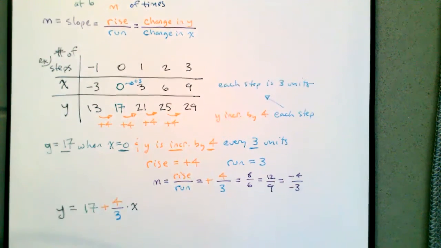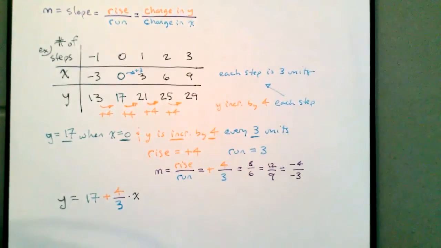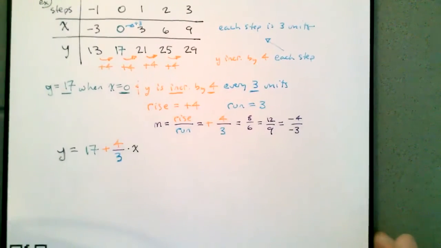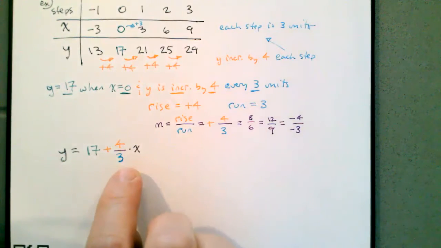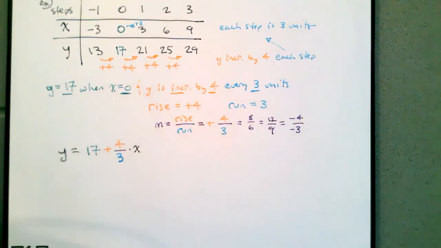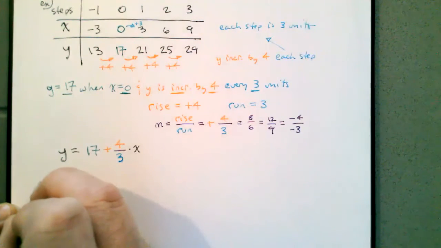But when we write it this way, we end up with an alternate description of what's going on in the function. So when we put the 3 underneath the 4, we're thinking of what's going on is y equals 17 when x equals 0.